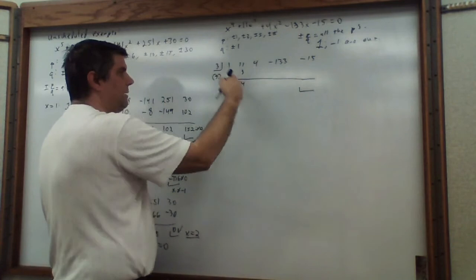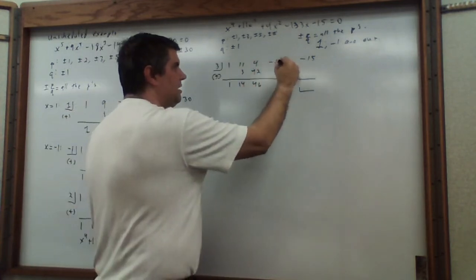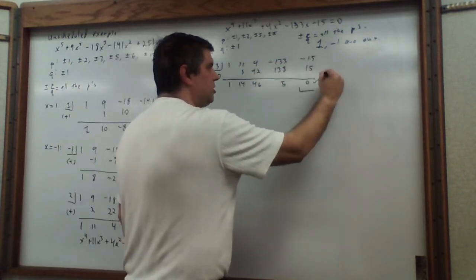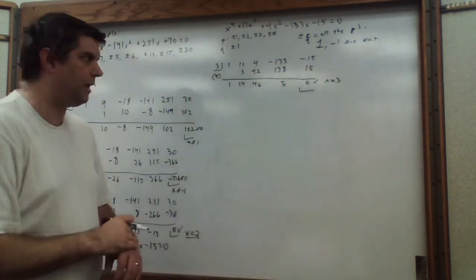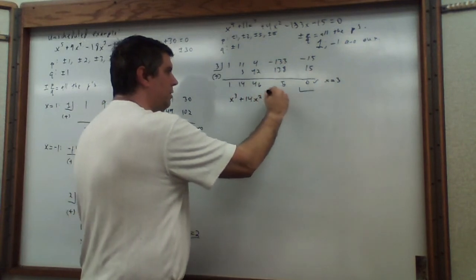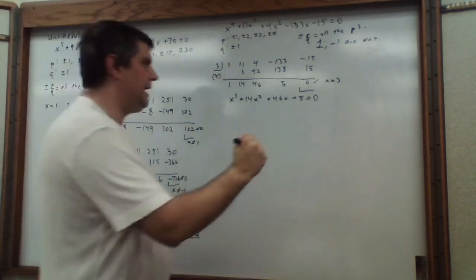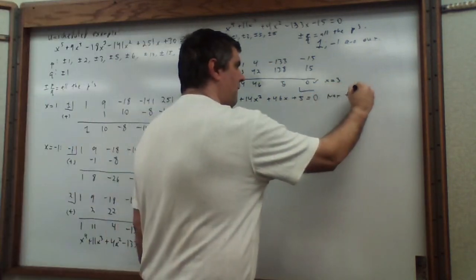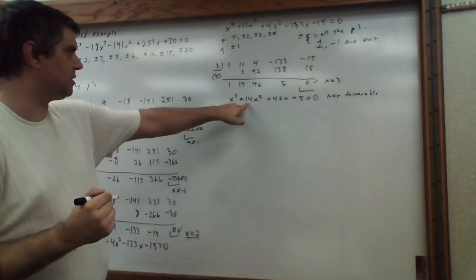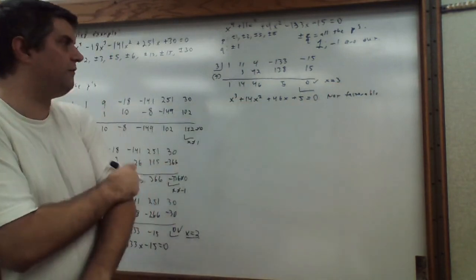That's 14. 3 times 14 is 42. That is 46. 3 times 46 is 138. That's 5. 3 times 5 is 15. That's 0. So x equals 3. Okay? So now we have x cubed plus 14x squared plus 46x plus 5 equals 0. Okay? It's not factorable by grouping. How can I tell? If I factor x squared out of this, I get x plus 14. I'm not going to be getting x plus 14 out of that. Okay? So it's not factorable by grouping.